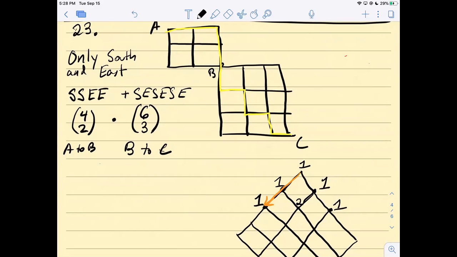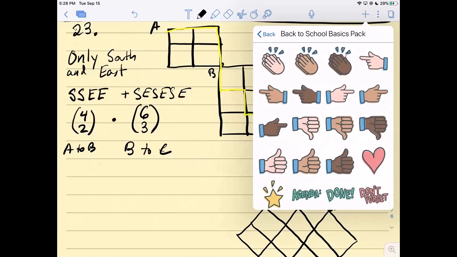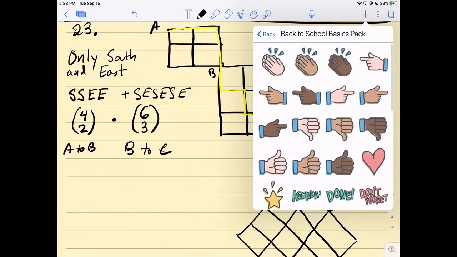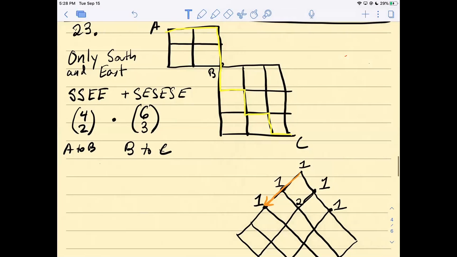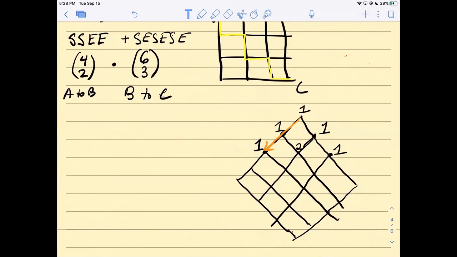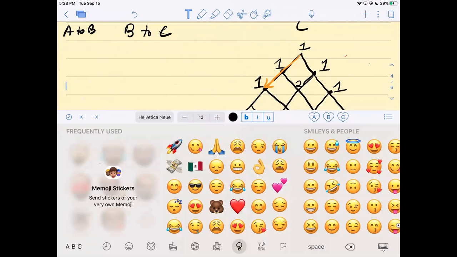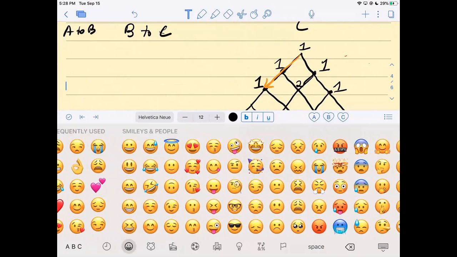Let me see here. Let me just try one thing here. How do you do the emoji that's questioning stuff?